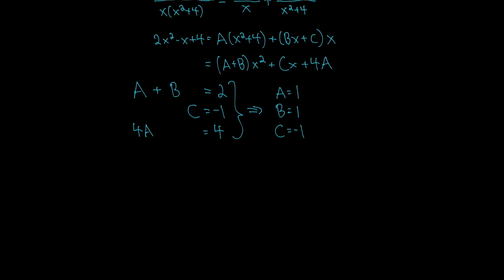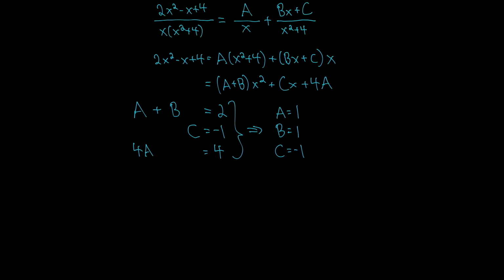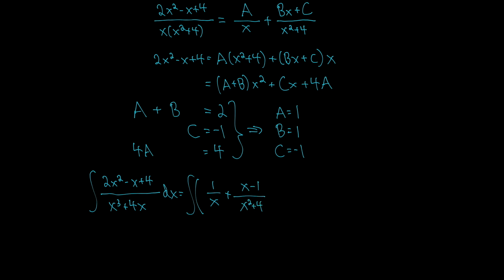So we can rewrite our integral now. So we said it was a over x plus bx plus c over x squared plus 4. So that means that 2x squared minus x plus 4 over x cubed plus 4x becomes the integral of 1 over x plus x minus 1 over x squared plus 4. And that's going to be equal to the integral of 1 over x dx.